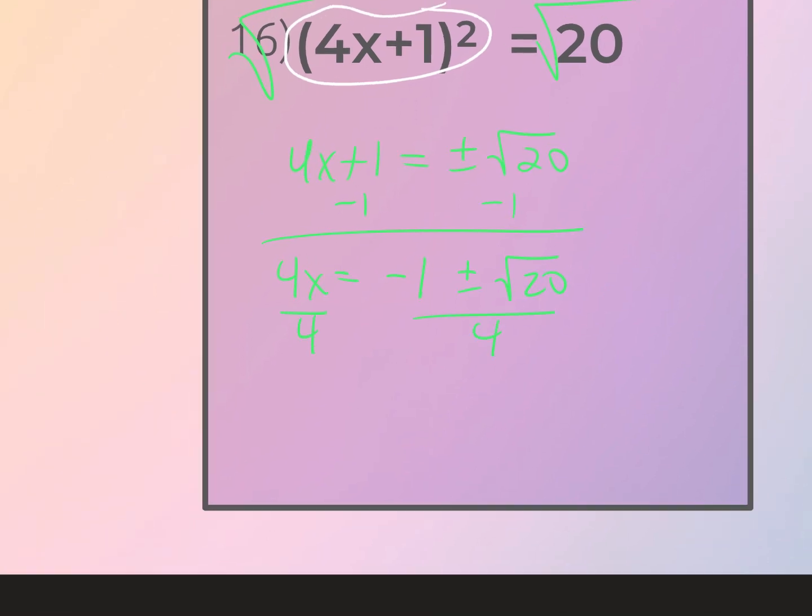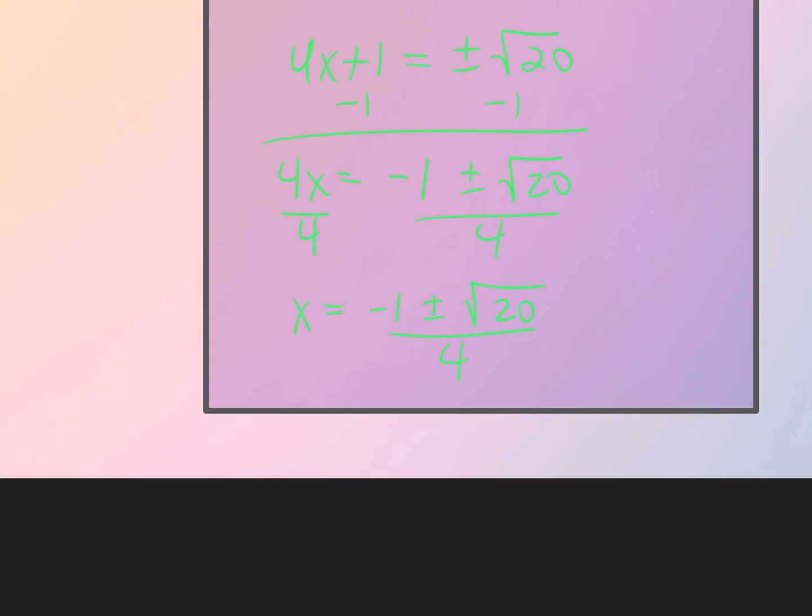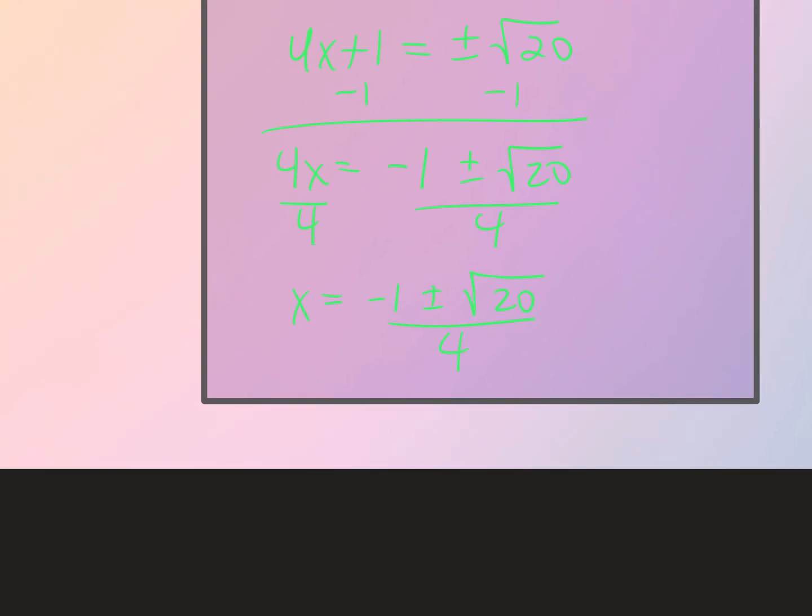Divide by 4. Perfect. So I have x equals negative 1 plus or minus the square root of 20 over 4. Now, lastly, we have to break down. What can I break down 20 into? 5 and 4. Okay, the square root of 20 is the square root of 4 times 5, correct? Yes?